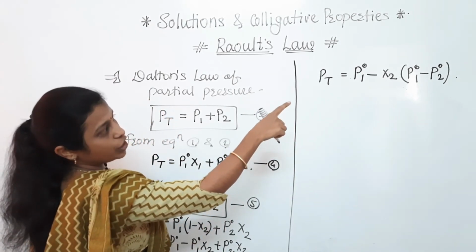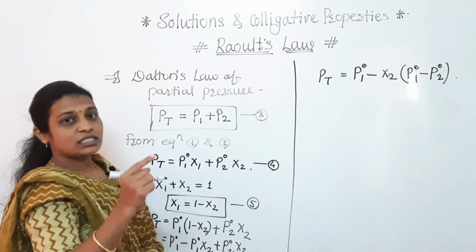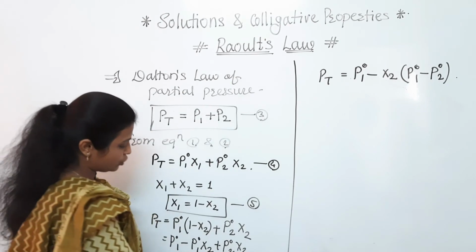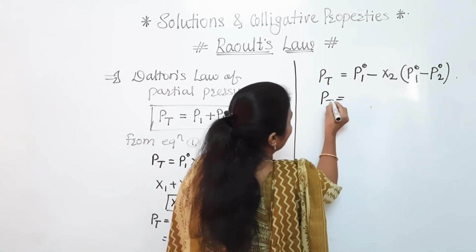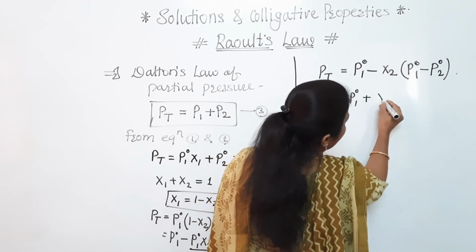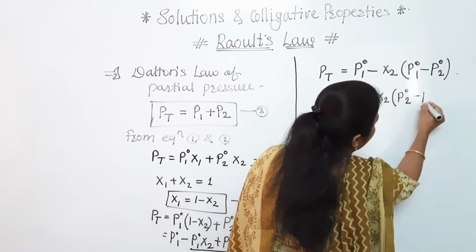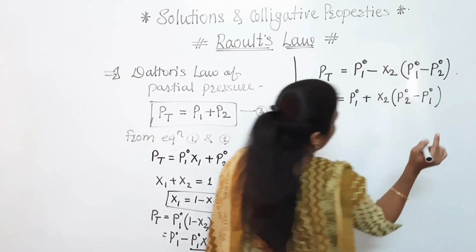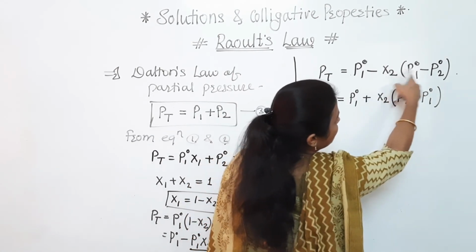Minus x2 into minus P02, minus into minus, by the mathematical rule, will be plus. So Pt is equal to P01 plus x2 into (P02 minus P01). Understood?